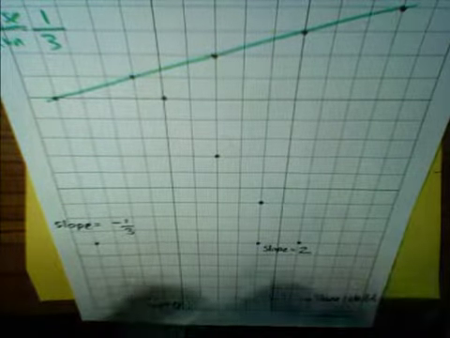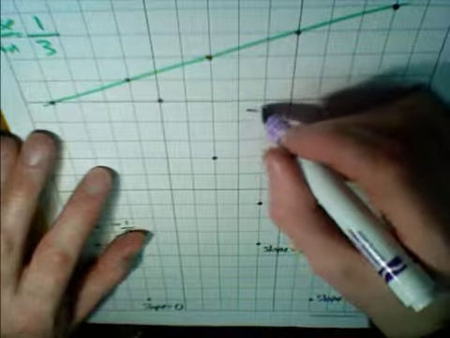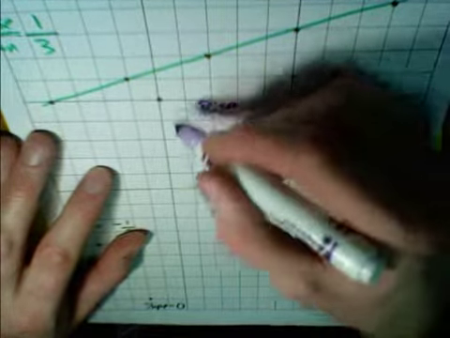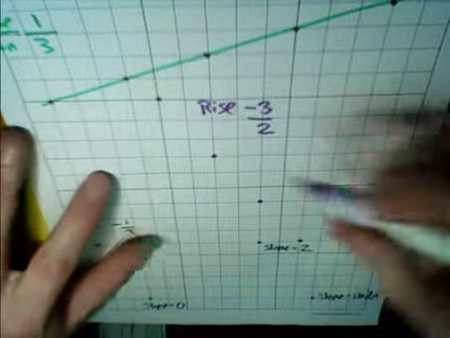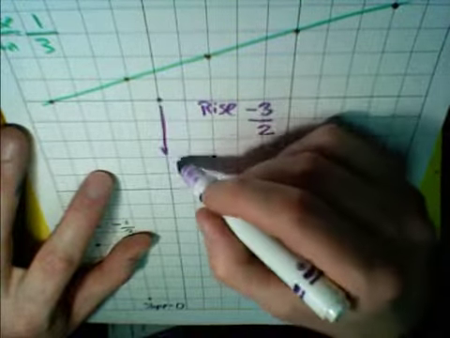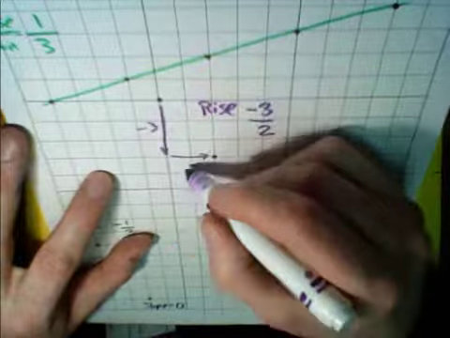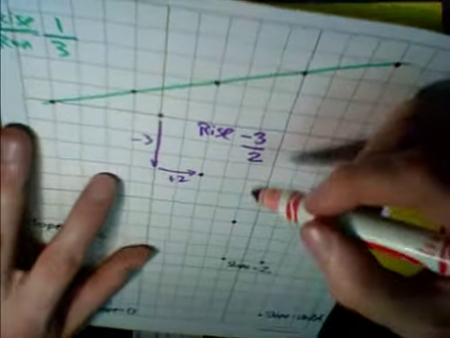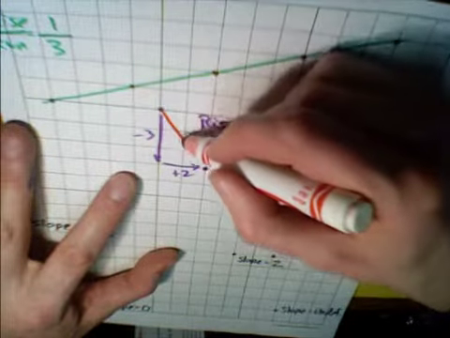So this purple line, I am rising -3, but then I am running +2. I am rising -3 and running +2. So this line has a slope of -3/2.